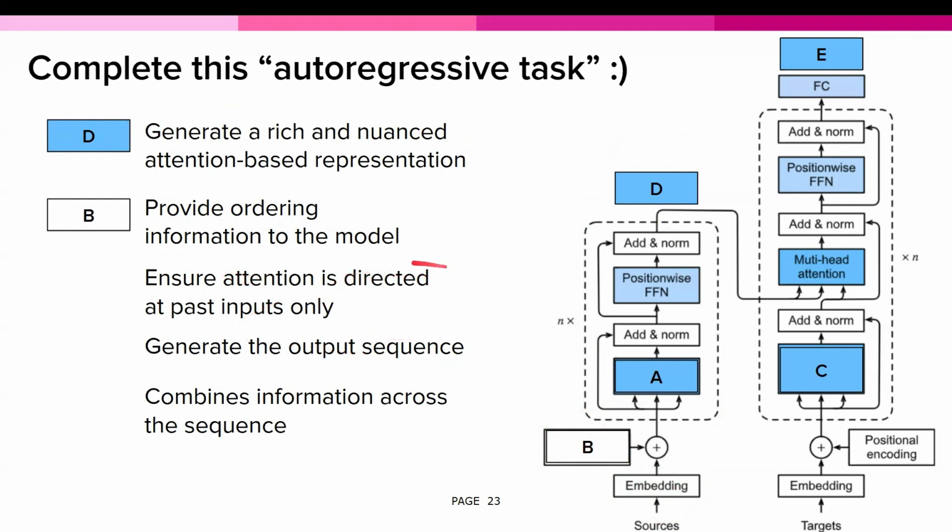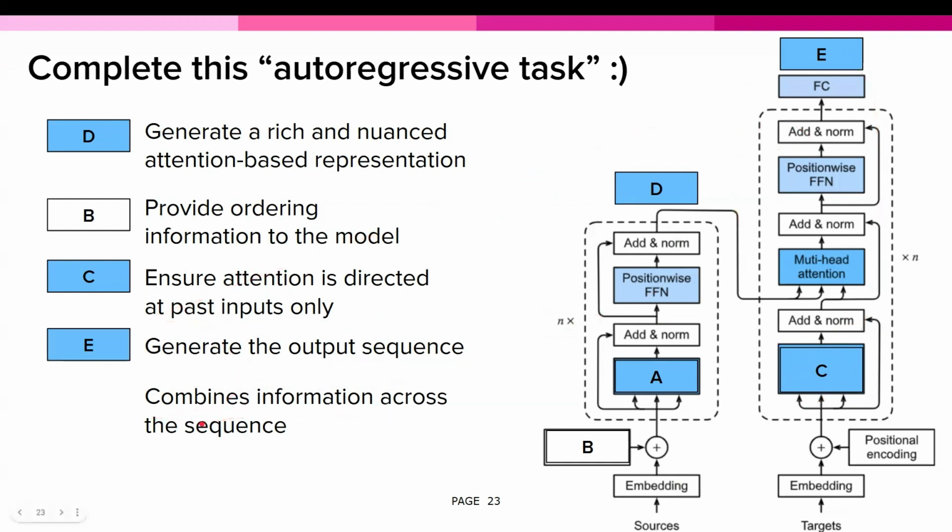That's the job of masking that appears in the first layer of the decoder, the masked multi-head attention, labeled C here. Generate the output sequence. That's the job of the decoder in general, so block E.